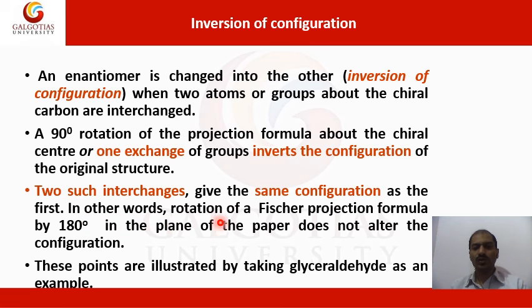In other words, rotation of the Fischer projection formula by 180 degrees in the plane of the paper does not alter the configuration. These points are illustrated by taking glyceraldehyde as an example.